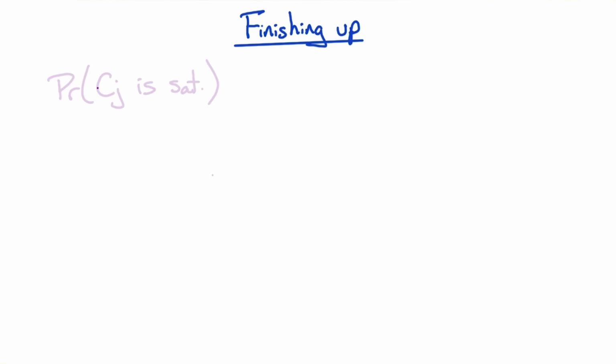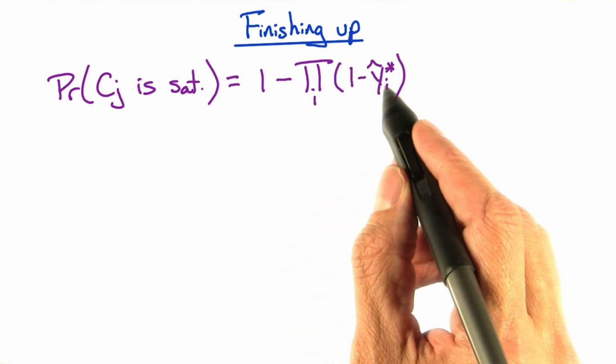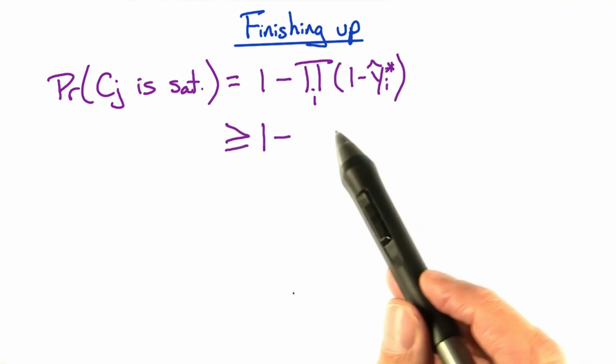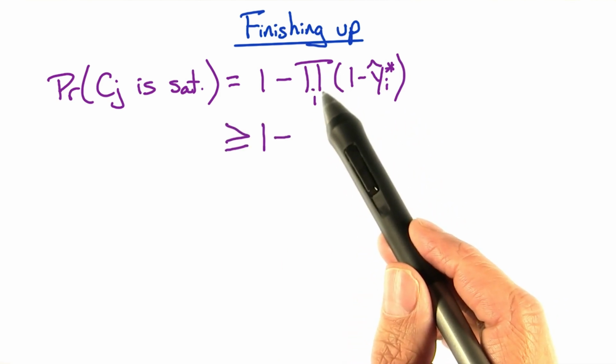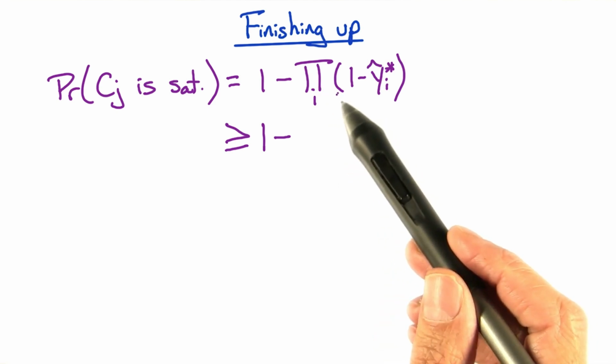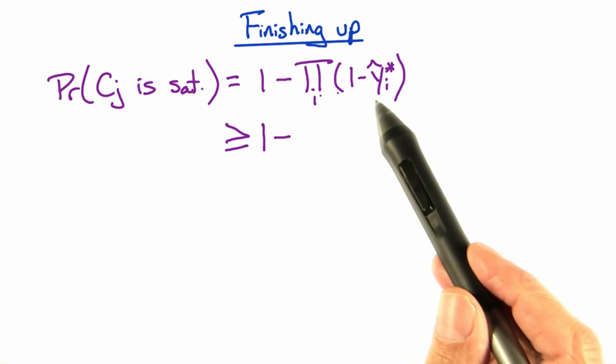We just have to summarize. We're looking at the probability that this clause Cj is satisfied. This equals 1 minus the product over i of 1 minus yi hat star. Then we applied the AM-GM inequality to convert this product into a sum. Then we applied the LP constraint to relate that sum over the yi's to zj.